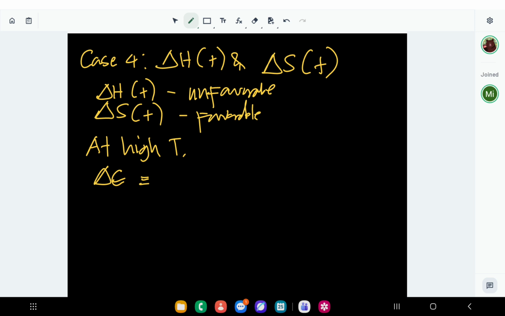Because delta G is delta H minus T times delta S, if you have a big number there, or high temperature, so that would become negative.